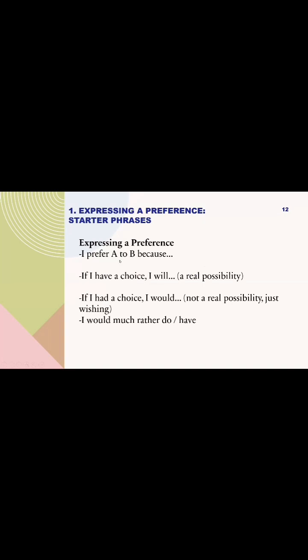I prefer A to B because... I prefer, for example, Al-Batra to Amman, I prefer Annaba to Oran because... Let's remember Syria. I prefer Homs to Aleppo because if I have a choice, I will visit Cairo.